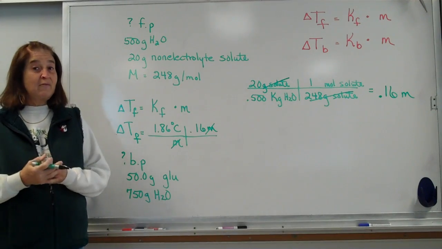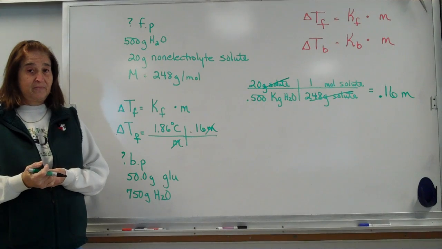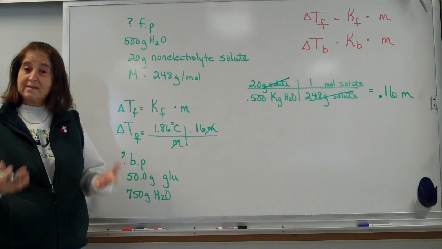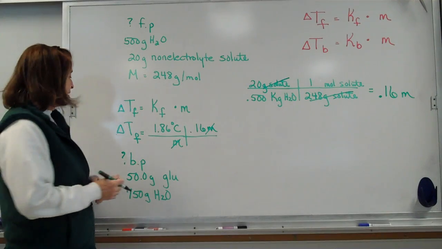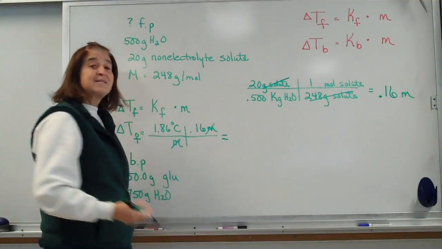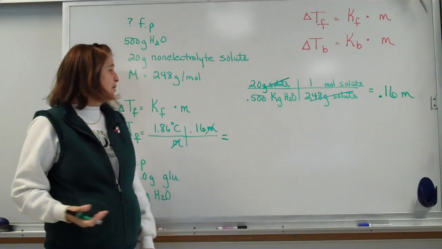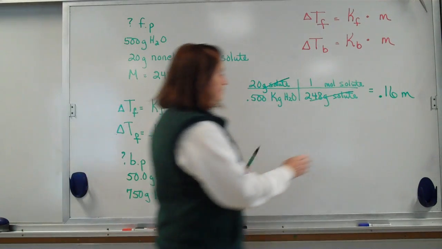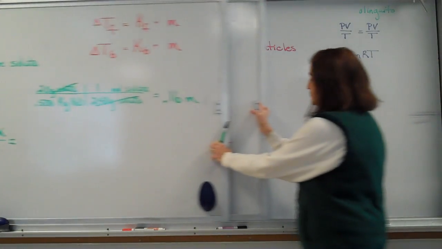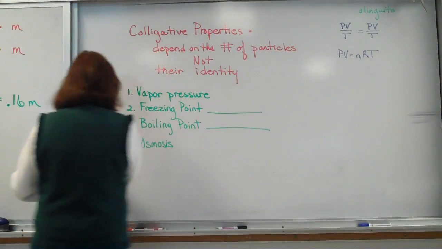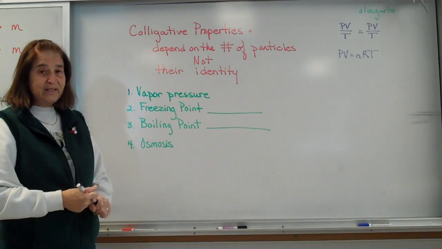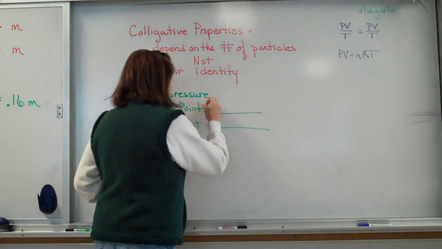Now remember that for water, the normal freezing point is 0 degrees Celsius. So I'm going to take this value and subtract it from 0, because I'm going to go back to the first board now. It is freezing point depression.